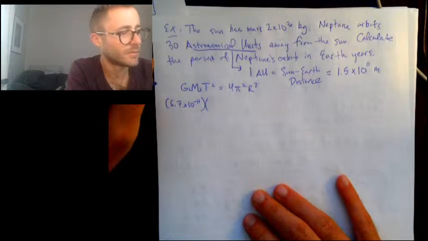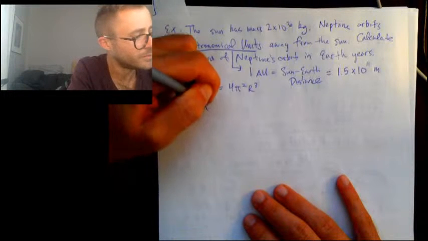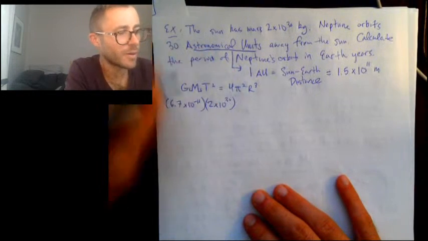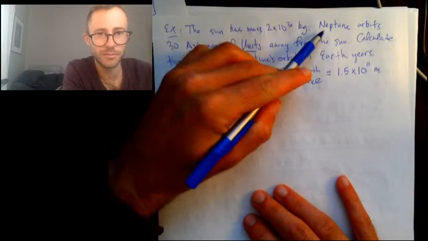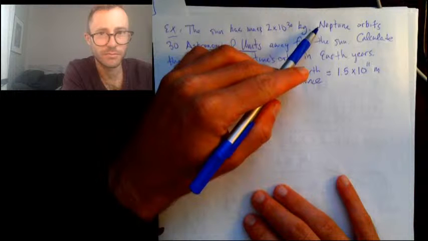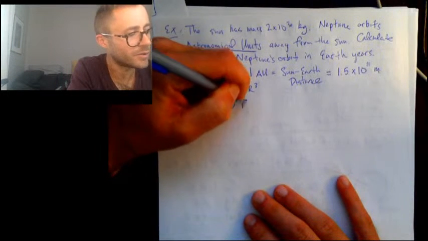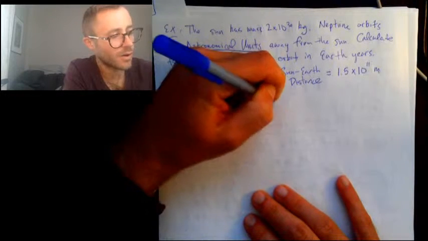M is 2 times 10 to the 30th. Now remember, M is the mass of the central body. It's not the mass of Neptune. It's the mass of the central body times period squared equals 4 pi squared r cubed.